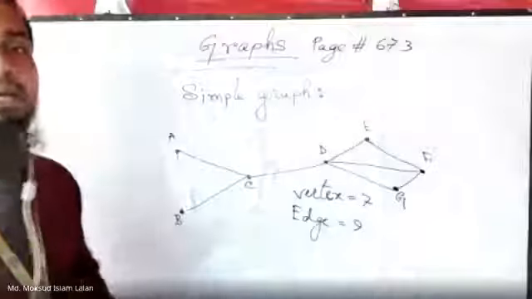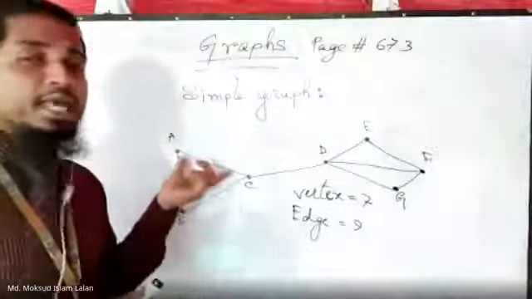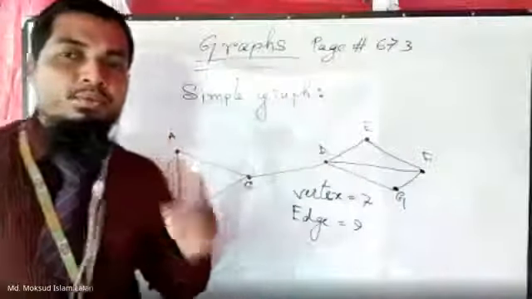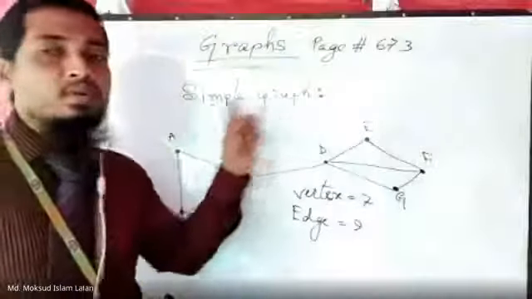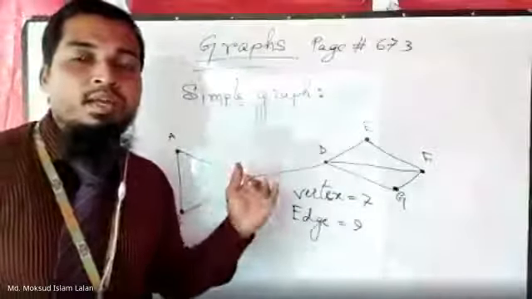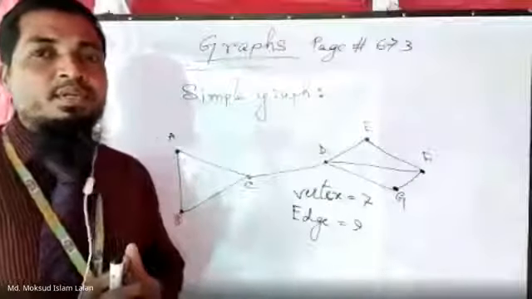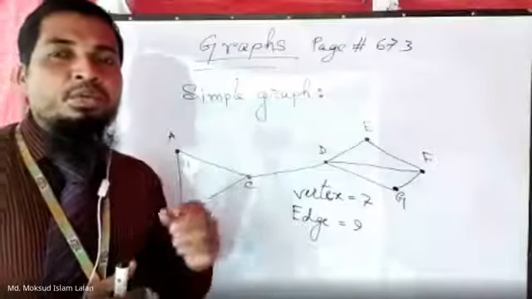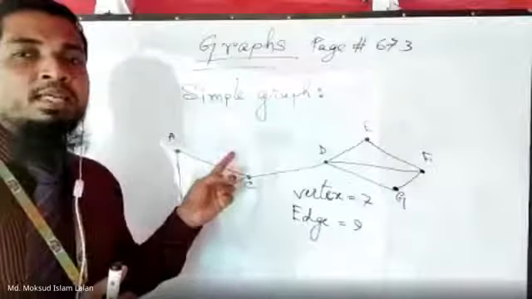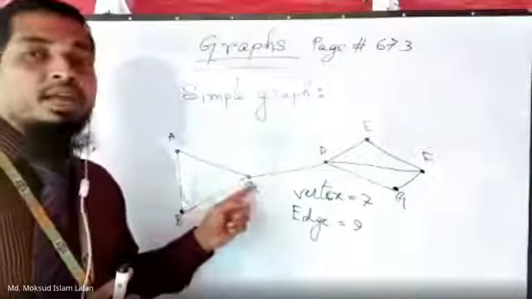Now coming here, the edges. Please focus to find out the simple graph. How can you determine it? There are 2 steps to determine a simple graph. You need to determine how many edges are connected between a specific pair of vertices.